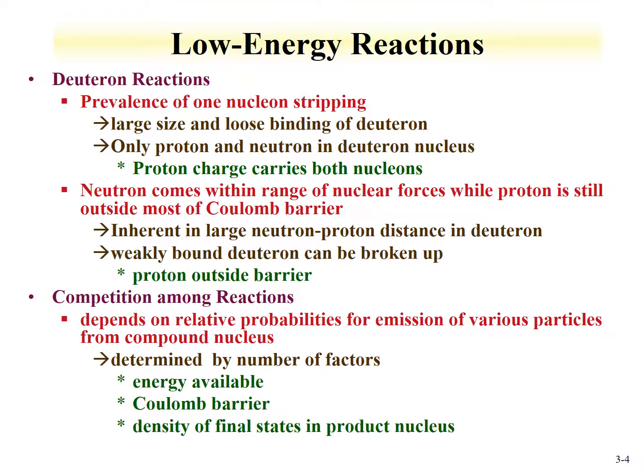In essence, you can think of this as a way of accelerating a neutron by exploiting the fact that the neutron is connected up with a proton. Some of these reactions can actually occur where the neutron can penetrate the nuclear barrier while the proton is still outside most of the Coulomb barrier. This is due to the fact that there's an inherent large neutron-proton distance in deuterium.